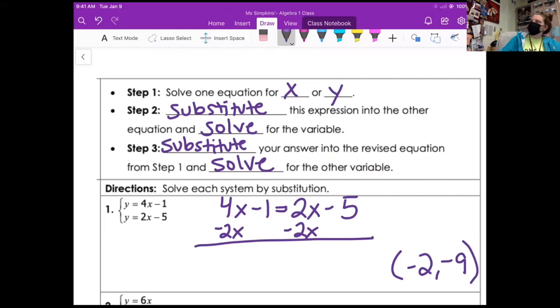So 4x minus 2x is 2x. And then we're still left with -1. What happens to the other two x's? They cancel, and you're left with just -5. And that's a two-step equation. So we want to add 1.